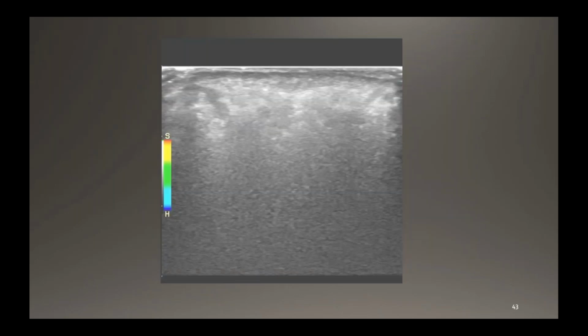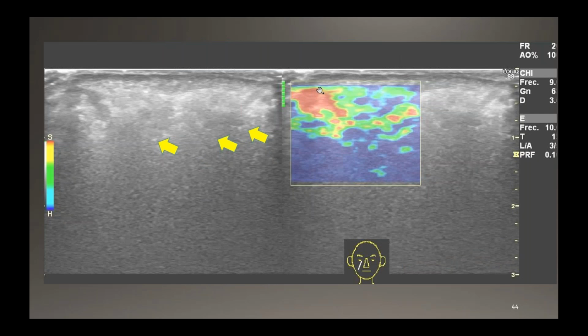Sometimes with the use of elastography, we can detect too the presence of these fillers that can be camouflaged, because the patient that has fillers tends to have not only one kind of filler. They tend to mix them as layers, one after another.